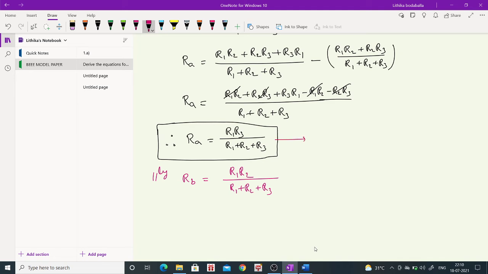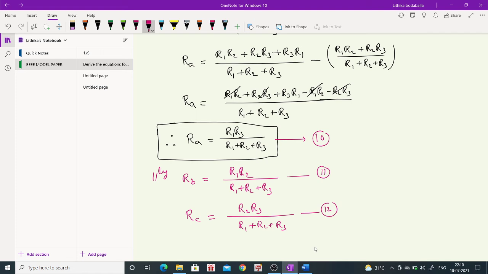So let it be equation 10. Let it be equation 11. Similarly, RC, what you will get? RC is equal to R2 R3 divided by R1 plus R2 plus R3. So let it be equation 12.